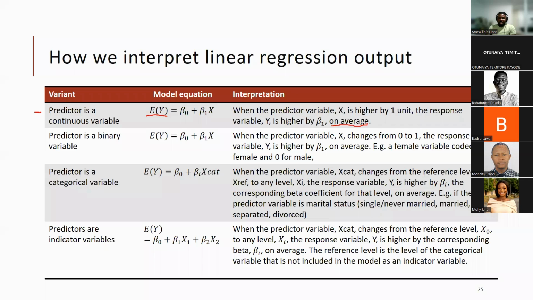So it's not as if we're talking about the individual person or the individual patient. We're talking about the average of a population. That's the context in which we're doing all of these methods. Something to always remember is that everything we're doing here is on average, not relating to a specific individual.